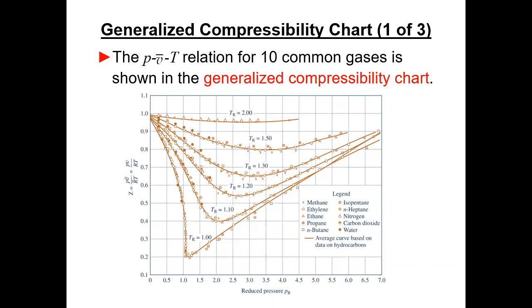Okay, that's one example. But you can look up in tables critical pressures for all kinds of substances. Those are readily available. And I've got some out of your book. I'll show you here in just a second. So that's what reduced pressure is. It's your pressure divided by the critical pressure.